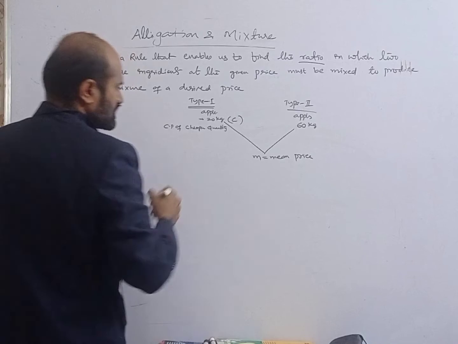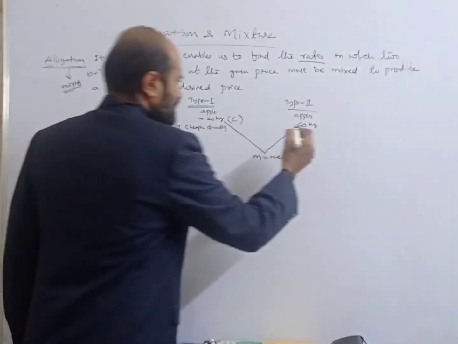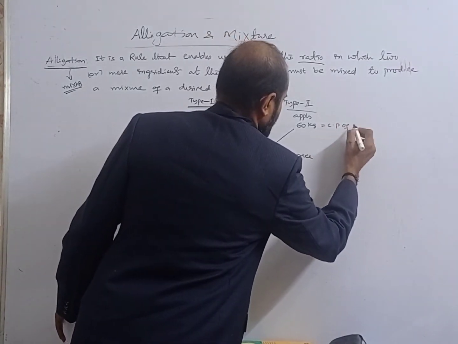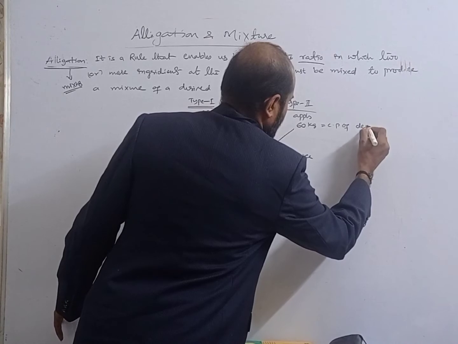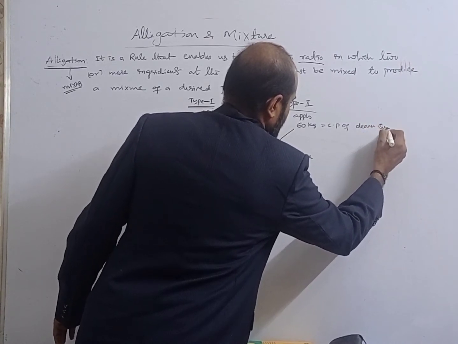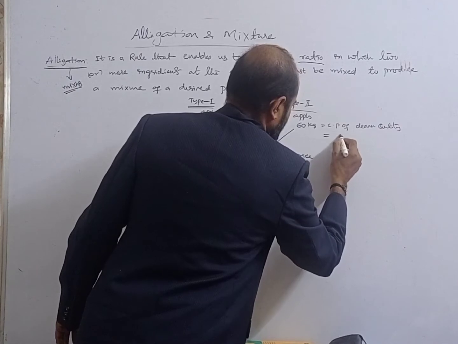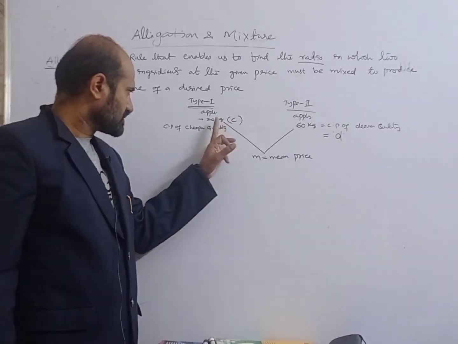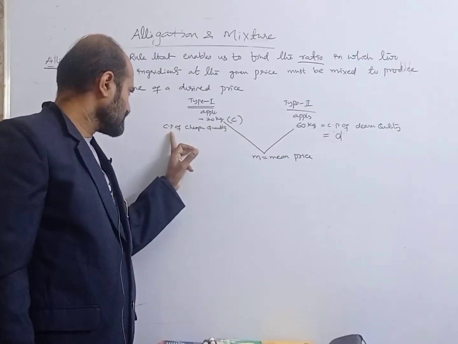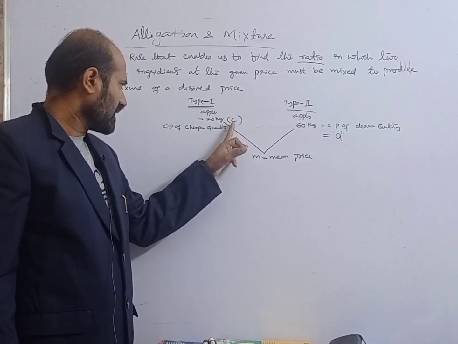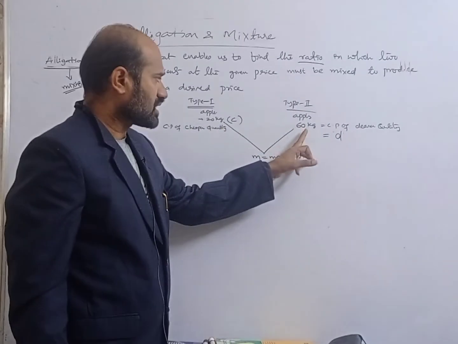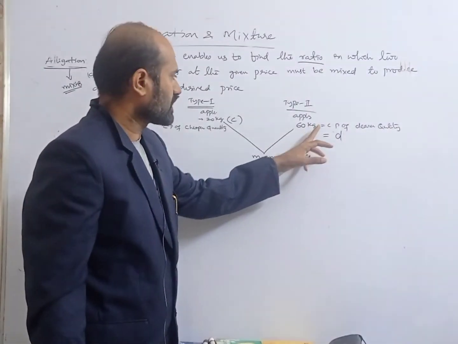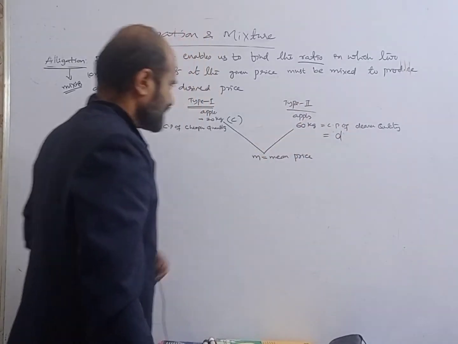So I can denote this with C. And 60 rupees is costly, therefore this is the cost price of the dearer quantity, which I can denote with D. Costly means dearer, therefore I take this cost price of the dearer quantity as D.